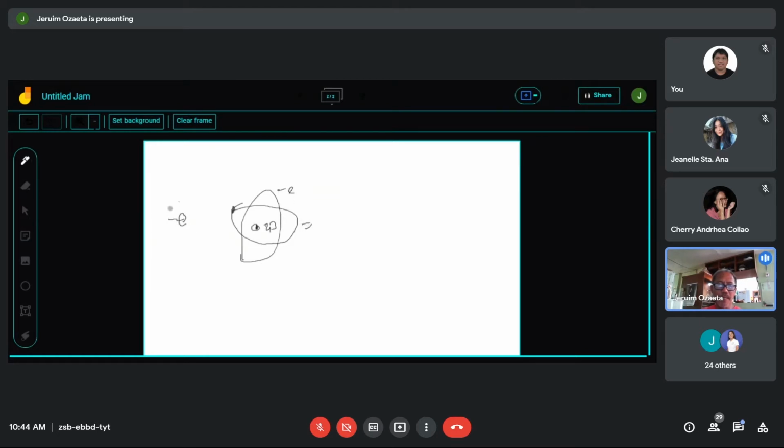If this negative electron gets near to one of the electrons of the atom, the force of repulsion between the two like charges will cause the electron to be displaced from one atom to another.